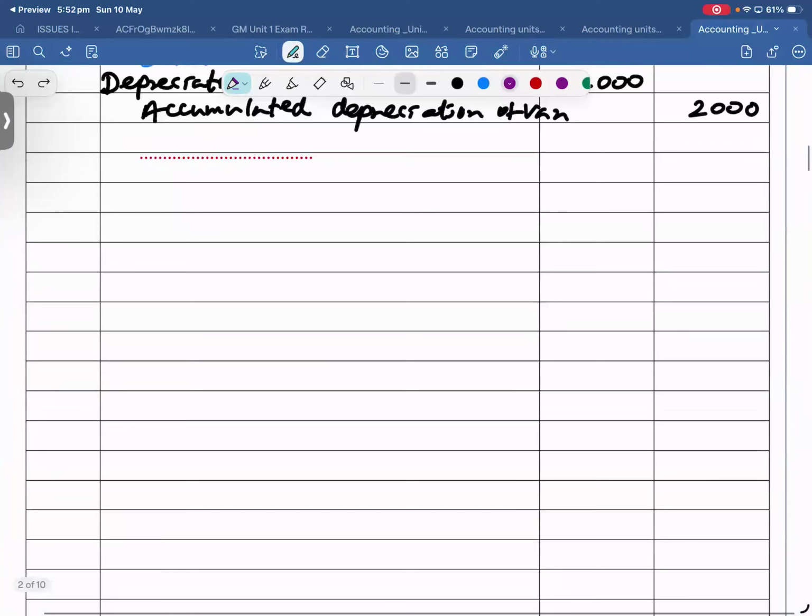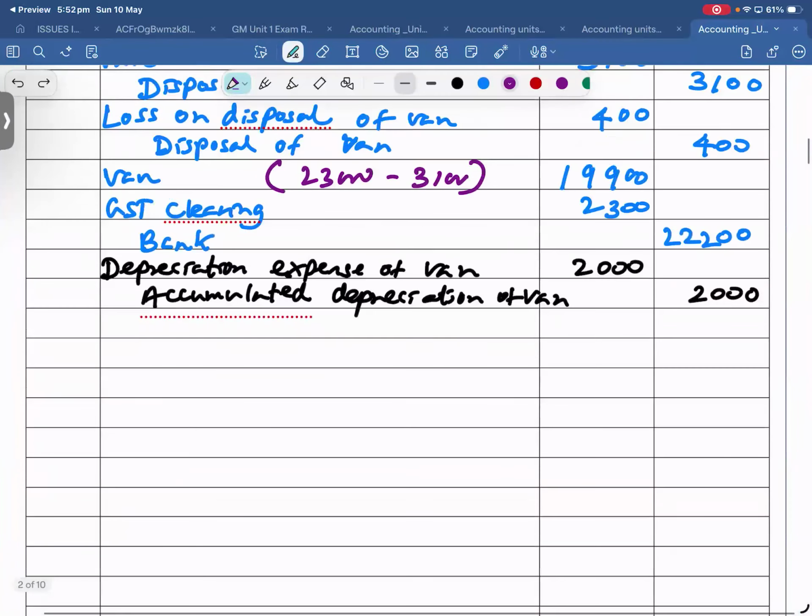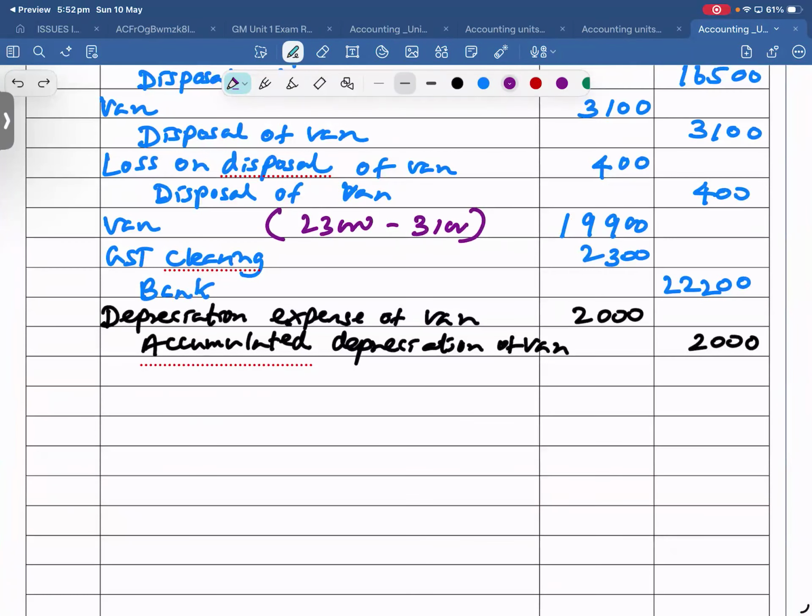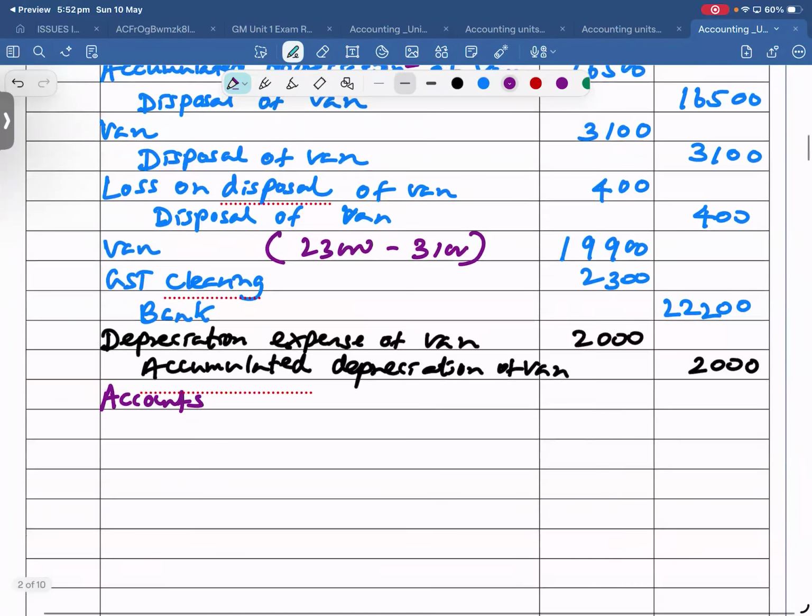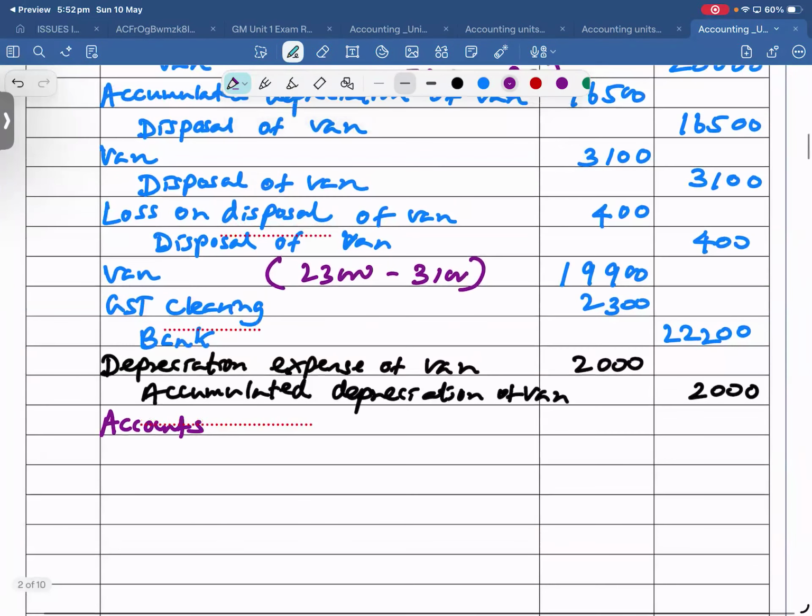Debit the bank? No. Who said debit the bank? It's not a bank. Accounts receivable, yes. We had to update the date again, correct?